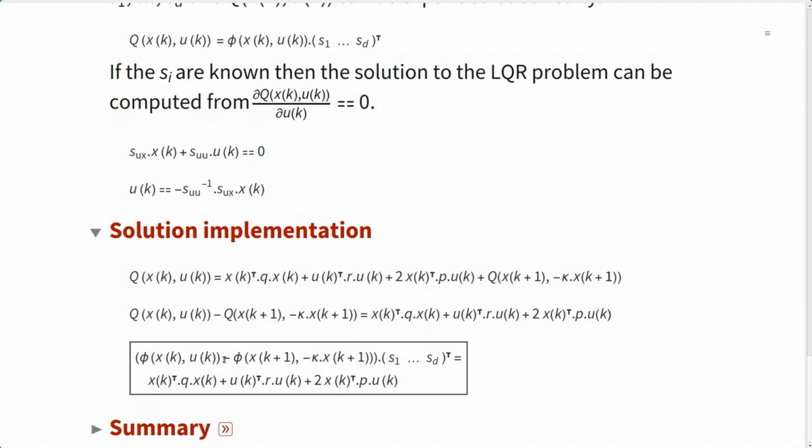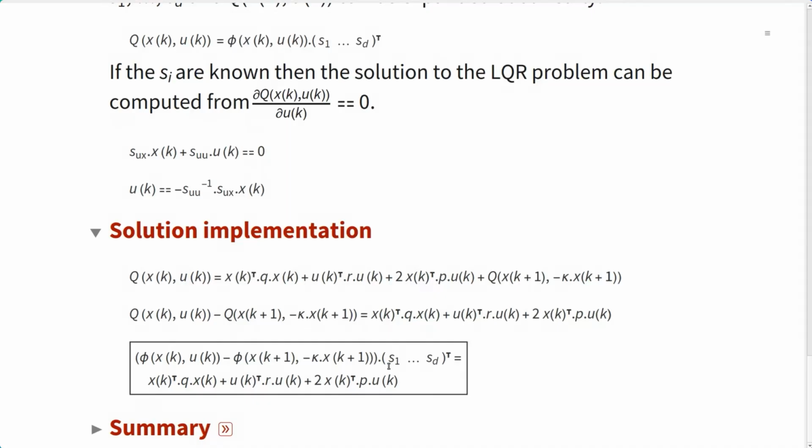How we do this is we start at a particular state and apply a control input, and then the system reaches a new state xk plus 1. So then we know all the terms in this equation: xk, uk, xk plus 1. We also start with an initial assumption for what our gain is, and all the other terms are the weighting matrices.